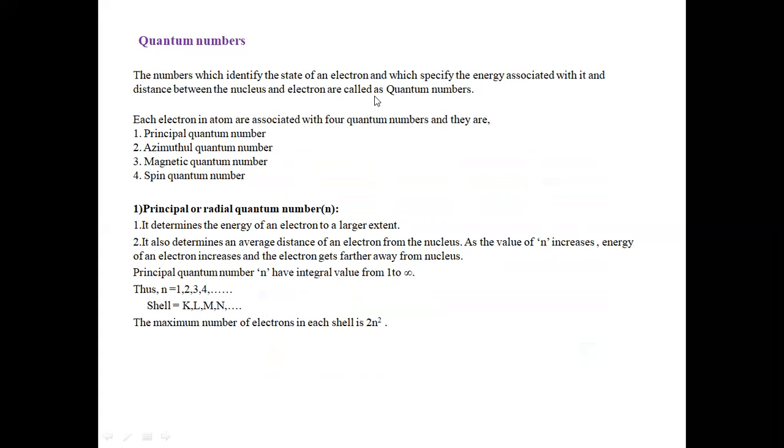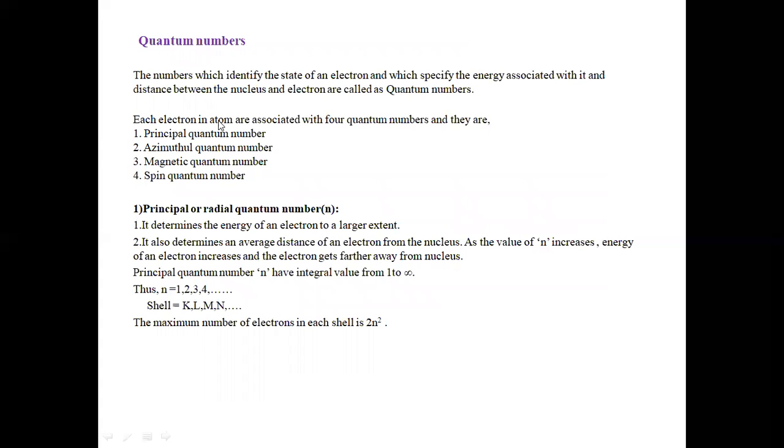Quantum numbers are nothing but the numbers which help us to identify or determine the state of an electron, which also specify the energy associated with the electron, and also we can determine or measure the distance between the nucleus and the electron. Those numbers are called quantum numbers.